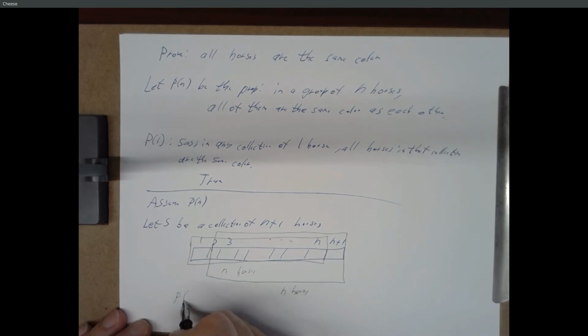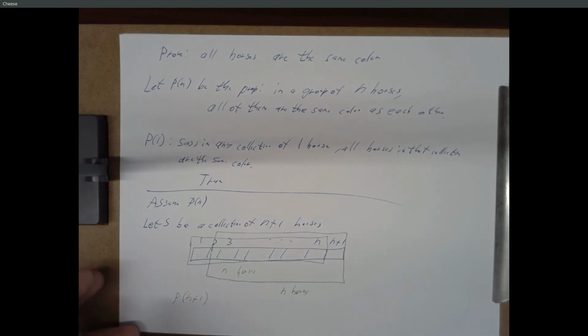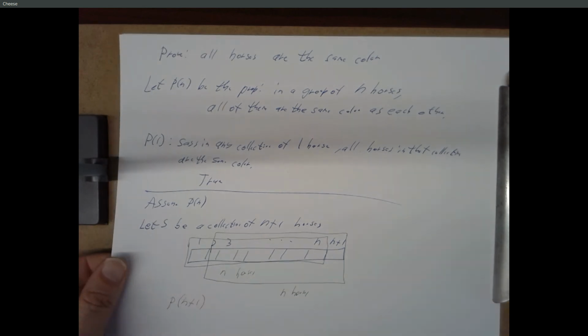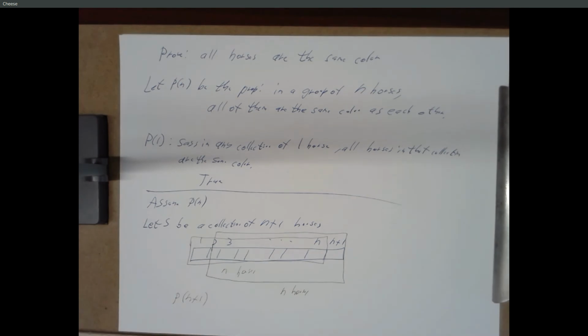And so P of n plus 1 is also true. And so P of n implies P of n plus 1, and therefore P of n is true for all n. So that's it. All horses are the same color. So that's one you can think about if you don't decide to look up axiom of choice or Zorn's lemma. And we'll detangle this next week.